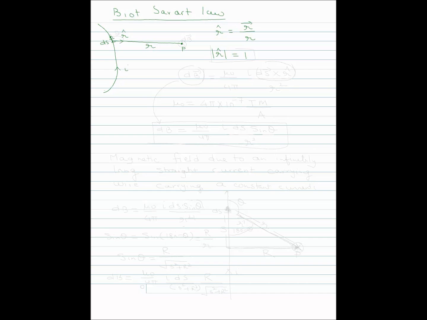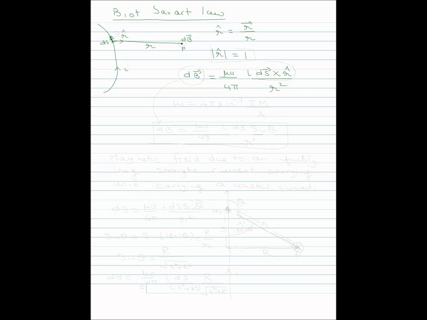In this case, what Biot-Savart law says is that the magnetic field that is produced by this infinitesimal current element of length ds at this point P, let's call it dB, according to Biot-Savart law, will be mu 0 over 4 pi I ds cross r hat divided by r squared.